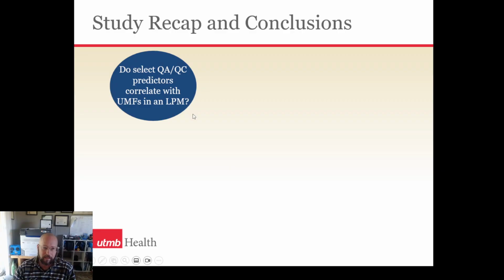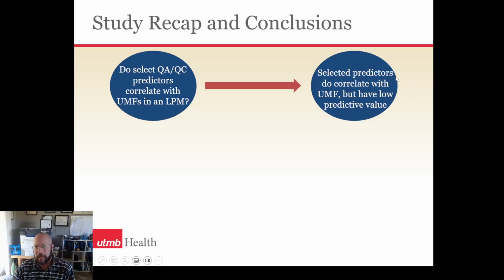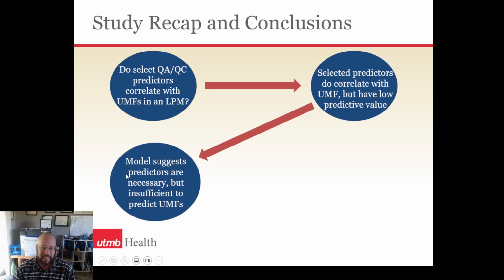Our second question was, do select QC and QA predictors correlate with mechanical failure in a logistic progressive model? We did find some correlation in this model, but they had very low predictive values. Remember, it was about the flip of a coin or less. The model suggests that the predictors that we selected, those QC and QA predictors, are necessary to help predict mechanical failure, but they're insufficient.